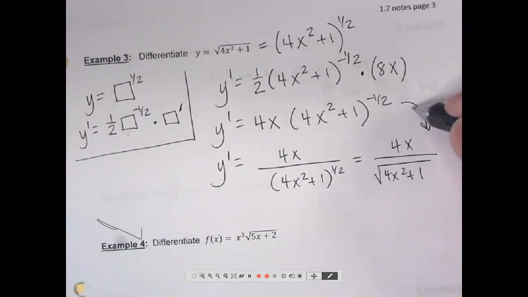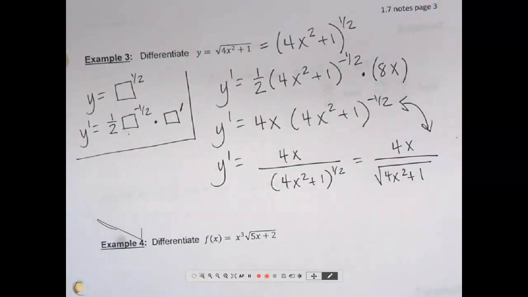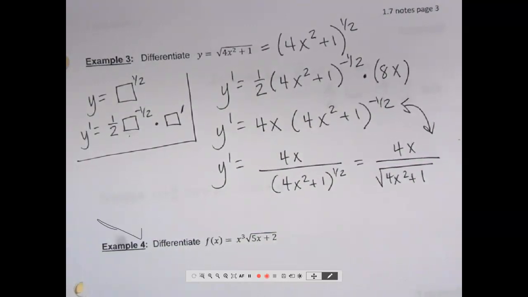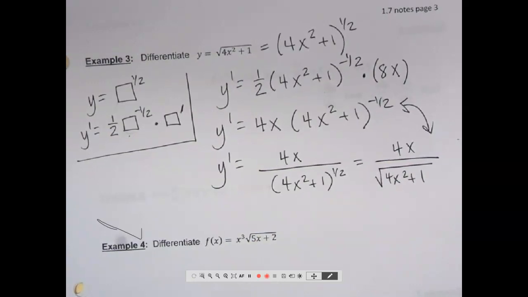Okay. Do you see how those two things are the same? So that's the chain rule. You take the derivative of each function one by one, starting with the outer function, stopping when you get to the innermost function. Question on that example?